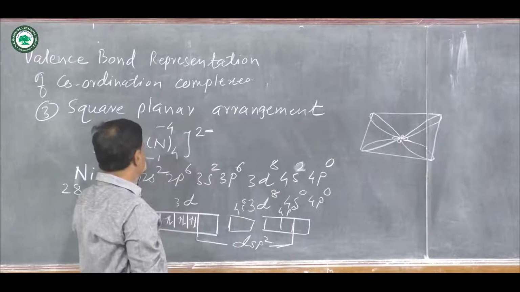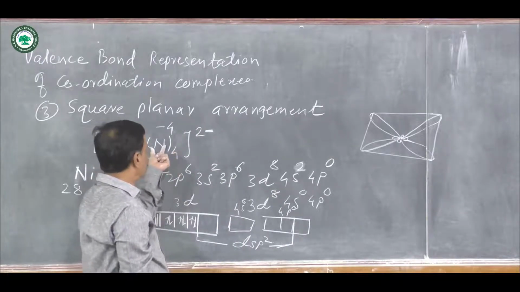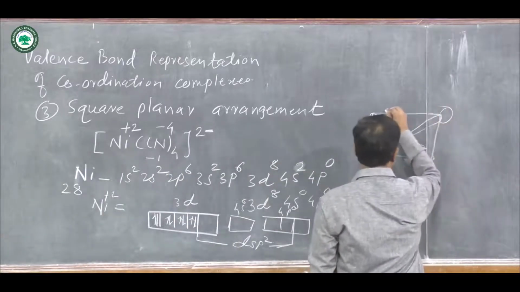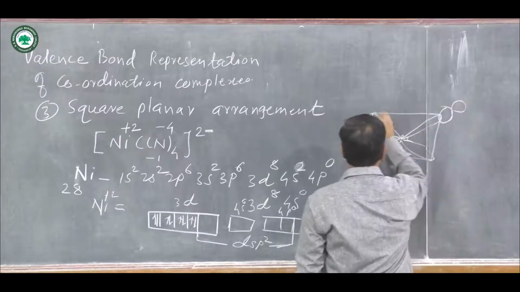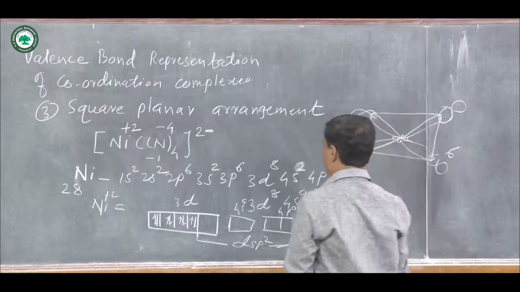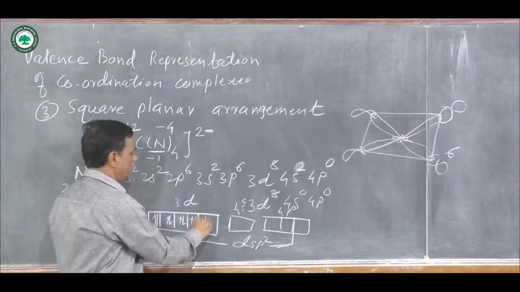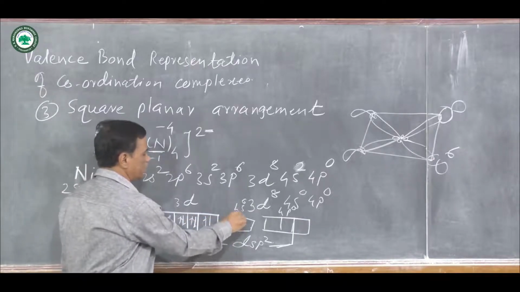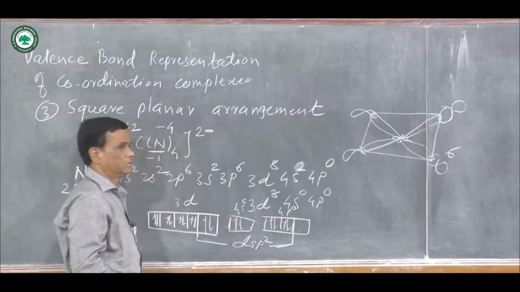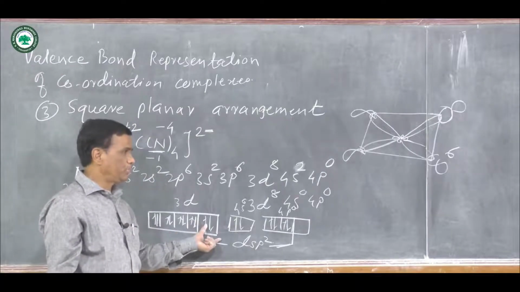Then these 4 dsp2 hybrid orbitals overlap with ligand atomic orbitals, and there is a formation of 4 sigma bonds, and 4 cyanide ligands donate 8 electrons, and these 8 electrons are represented here. These are the 8 electrons, and there is no unpaired electron.